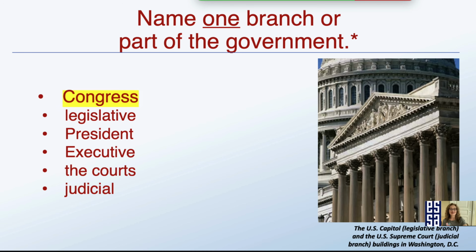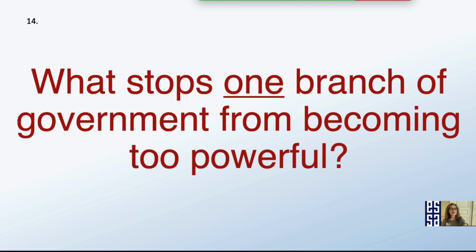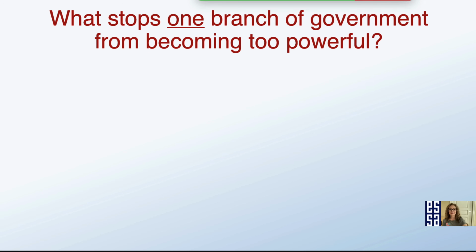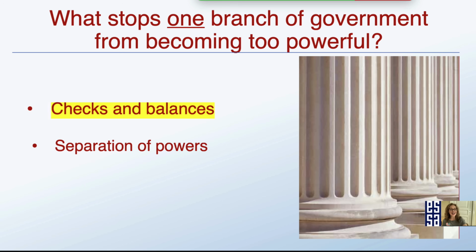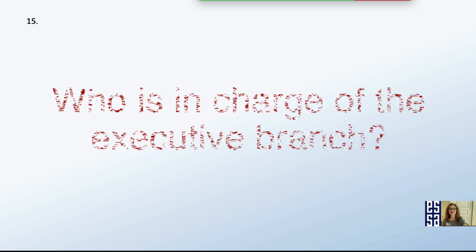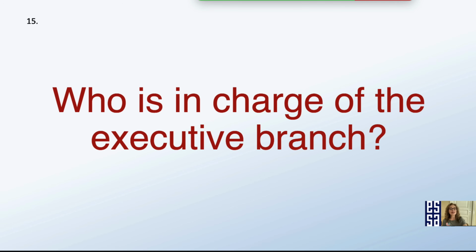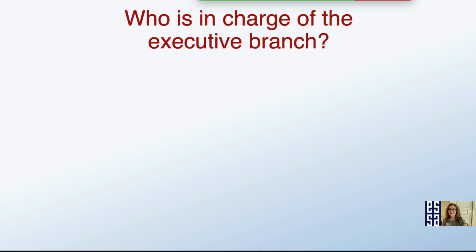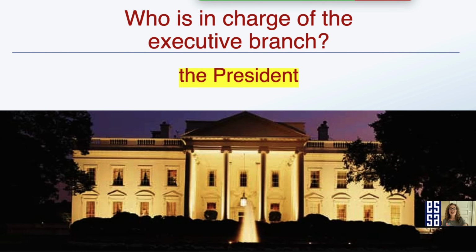Congress. What stops one branch of government from becoming too powerful? Checks and balances. Who is in charge of the executive branch? The president.